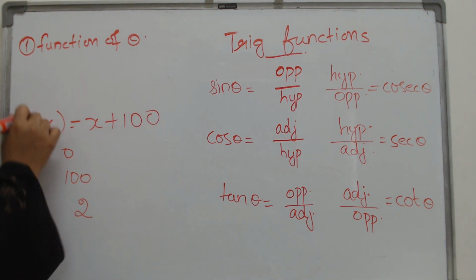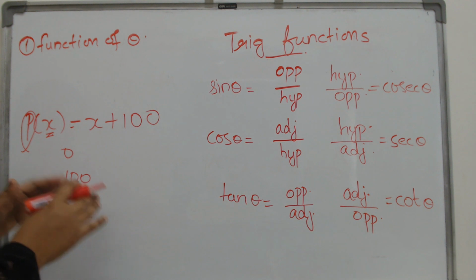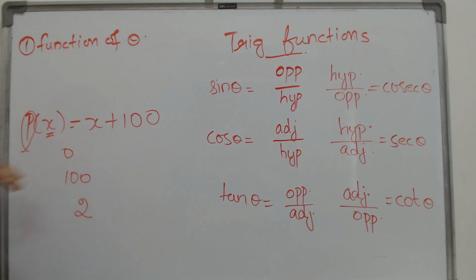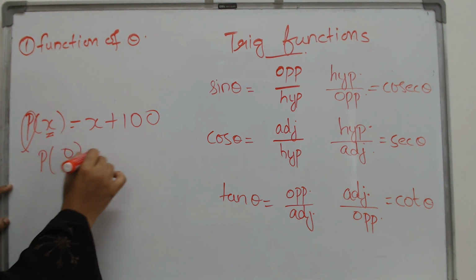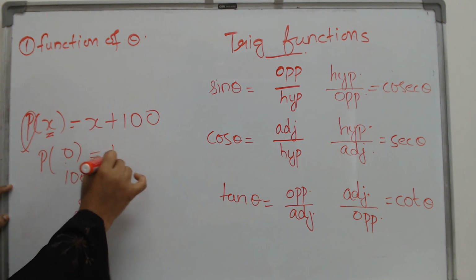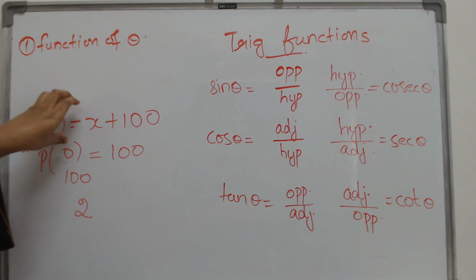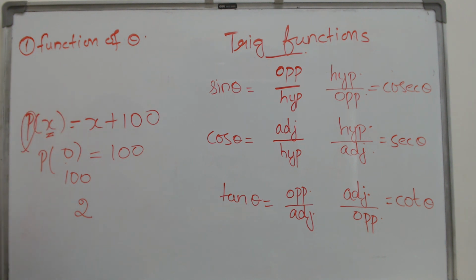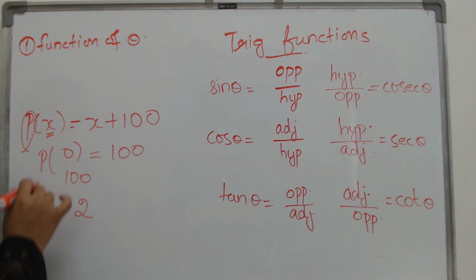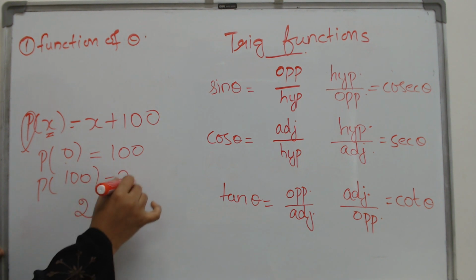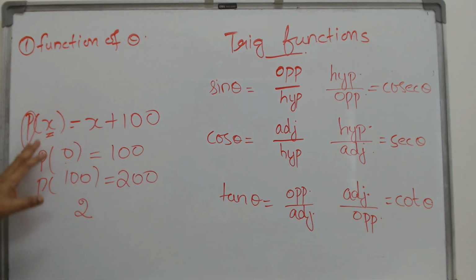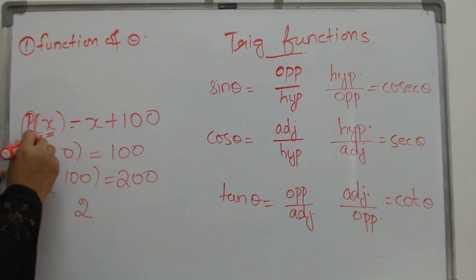But then your p depends on it. Once you have fixed your x, your p of x, for example, p of 0 has to be 100. Your value of p is dependent on this x. X is independent, p is dependent. Similarly, p of 100 has to be 200. So why is that? Because this is a function of x.